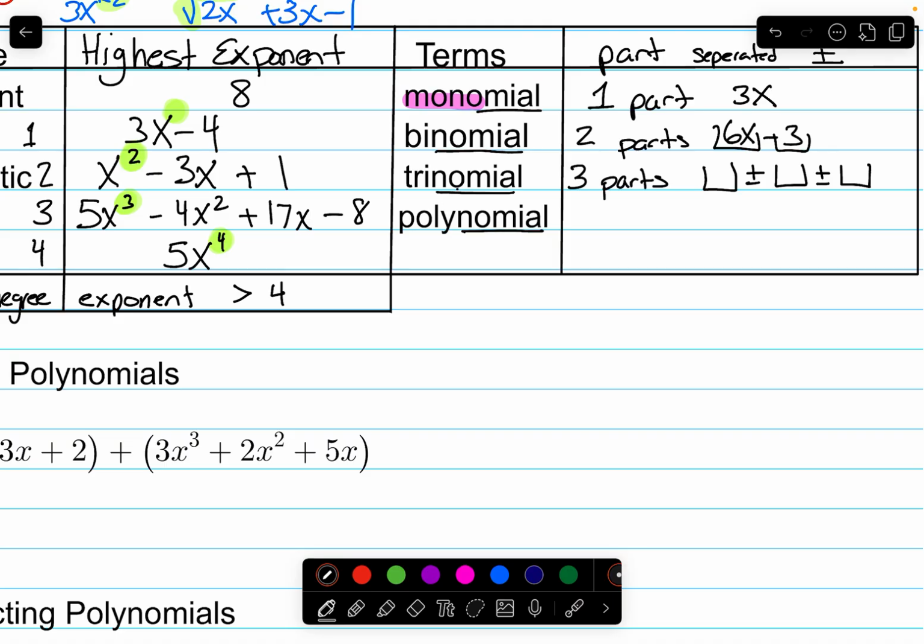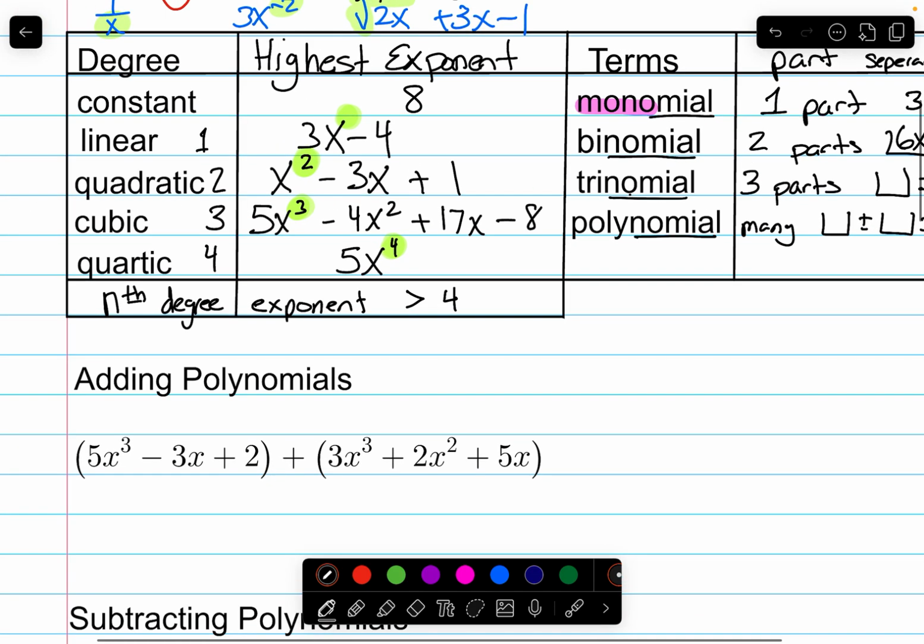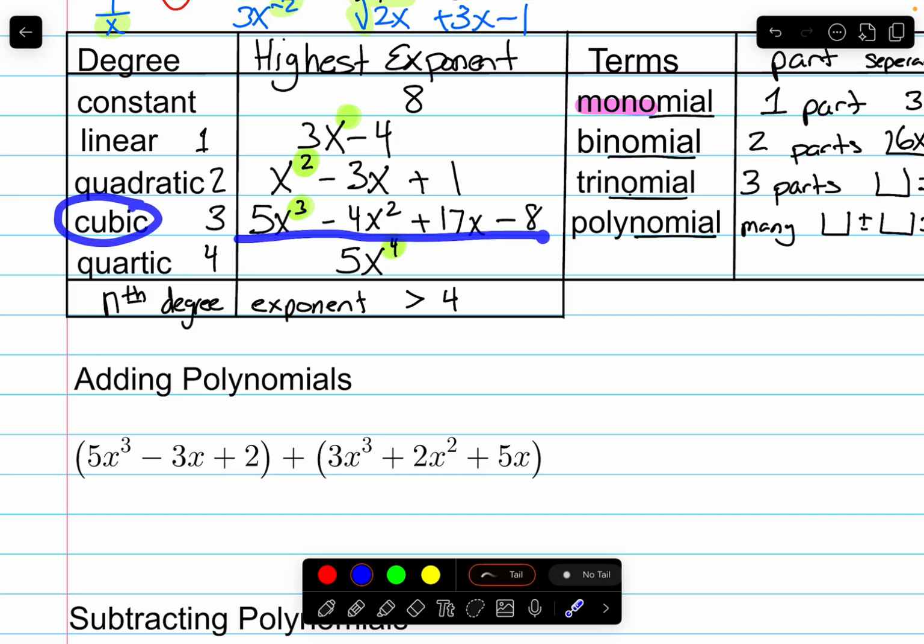And so poly means many. That's when you have 4 or more different parts. So we can have 1, 2, 3, 4, or even more. Okay, 4 or more parts. Example over here is with our cubic. The cubic is a cubic polynomial because there's 1, 2, 3, 4 parts, and the highest exponent is 3.